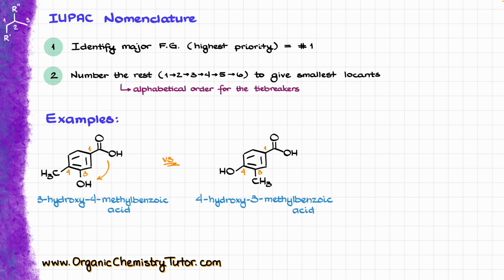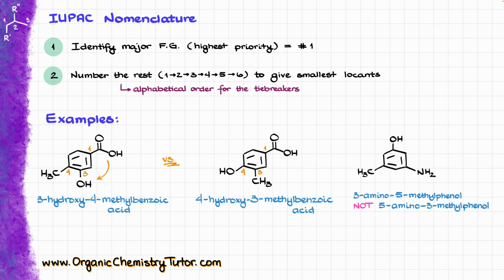And remember that whenever we're putting our name together, we do have to alphabetize our substituents, and in this case, I am putting hydroxy before methyl because H stands before M in the alphabet, even though in the molecule on the right side, the hydroxy group has a higher number than the methyl group. The numbering doesn't matter for the purposes of the nomenclature when we're putting the name together. We do have to alphabetize regardless. Also a fairly common mistake, so do keep that in mind.